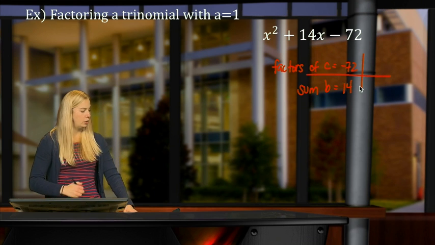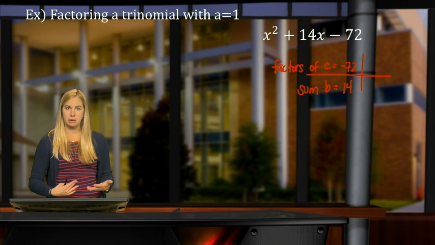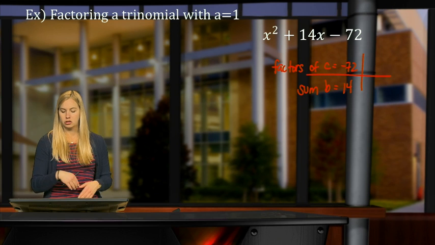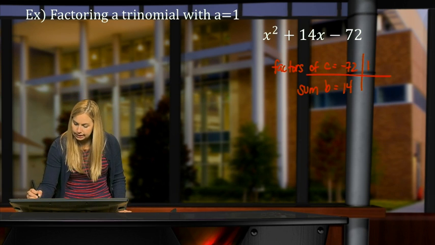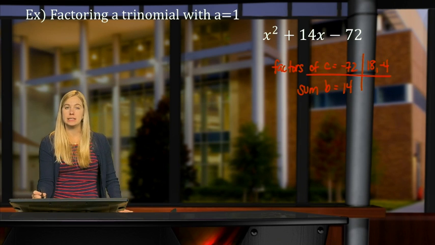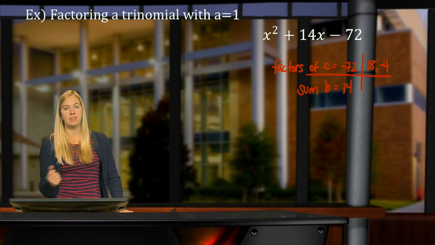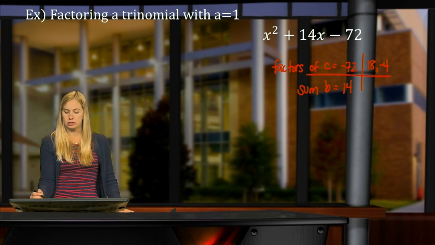So we can use our calculator to do some trial and error. Just take 72 and start dividing it by numbers until you come up with the answer that's going to work. For this one, our factors are going to be 18 and negative 4. Because c was negative, one of our factors is positive, the other is negative, and we have to make sure that when we add them, we get positive 14.